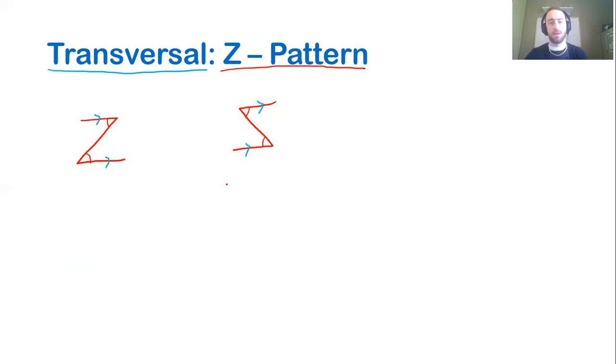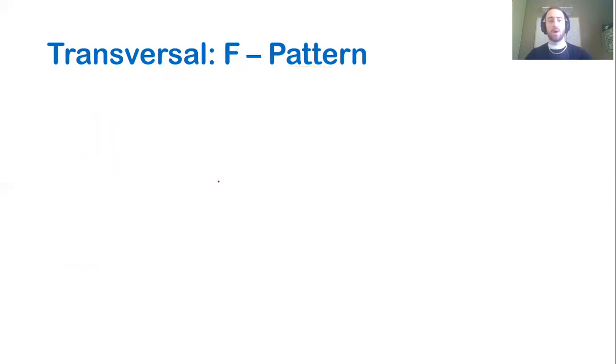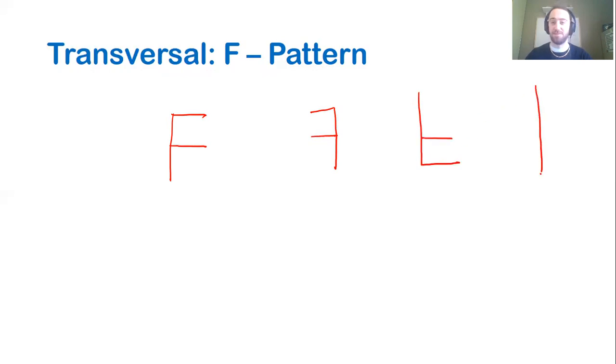So let's go ahead and look at an F pattern. We're simply looking for the capital letter F. Now this F could be a straightforward F, it could be a backwards F, it could even be an upside down F, or an upside down backwards F. And what are we looking for here?